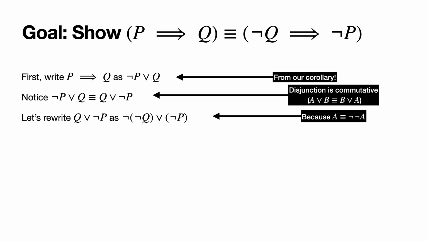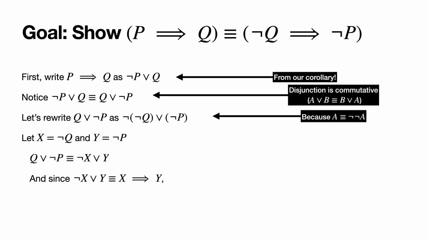And what I'm going to do here is be a little bit tricky. I'm going to define a variable x as not Q and define a variable y as not P. So what we're going to actually have is not x or y. So Q or not P is logically equivalent to not x or y. I've just basically defined these dummy variables. And now we're going to use our corollary again.